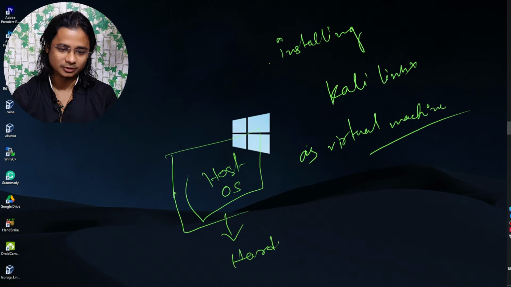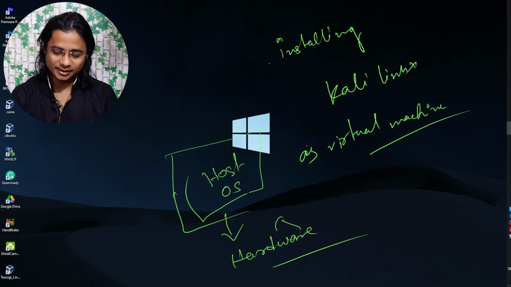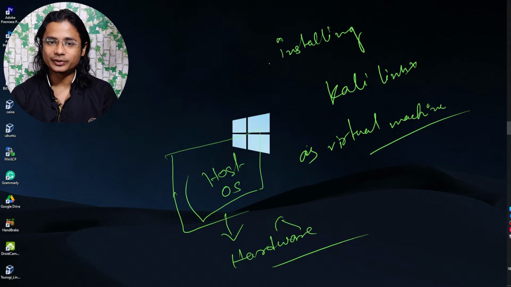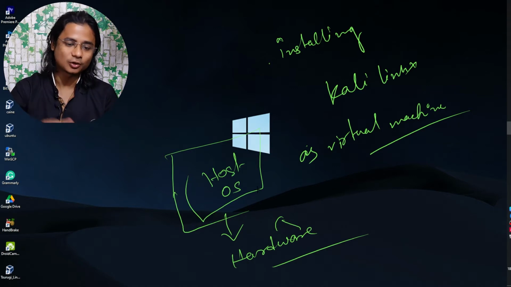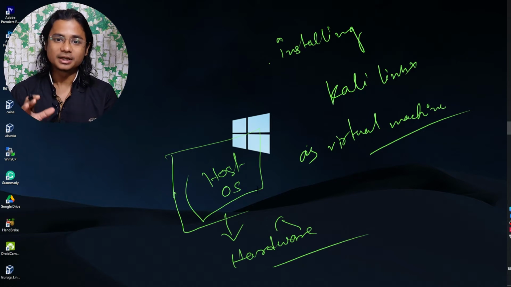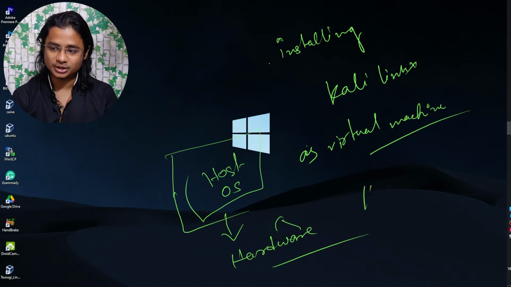Inside the host OS, we can configure the system in such a way that we can install different guest operating systems on top of the host operating system with the help of a type of software known as a hypervisor.